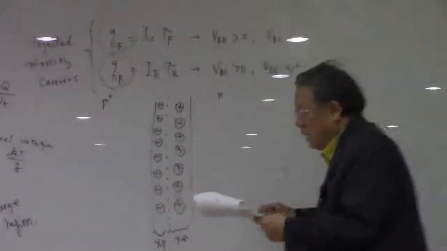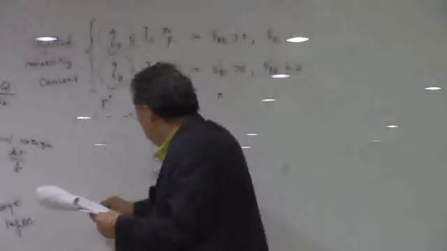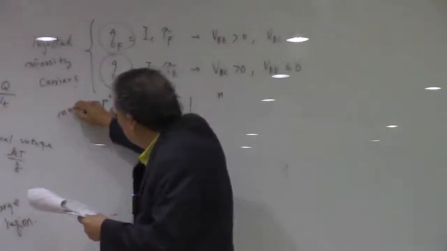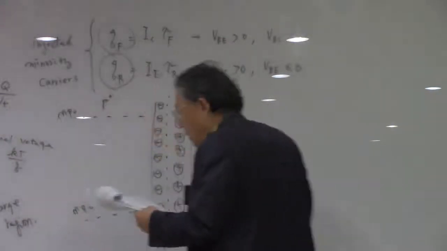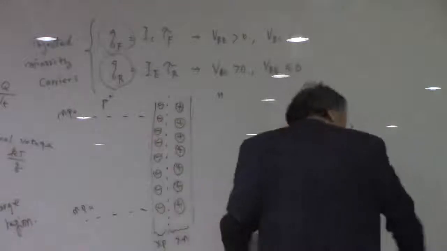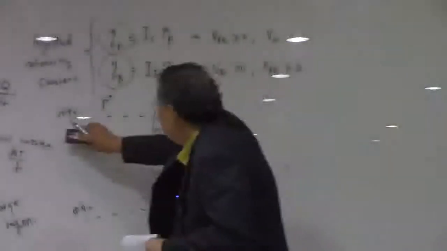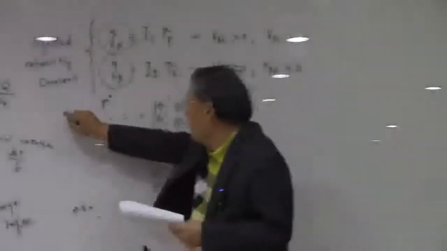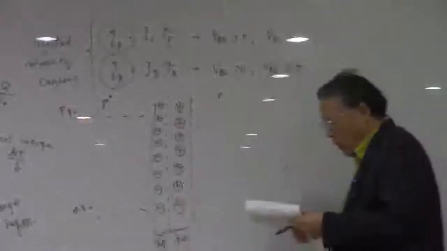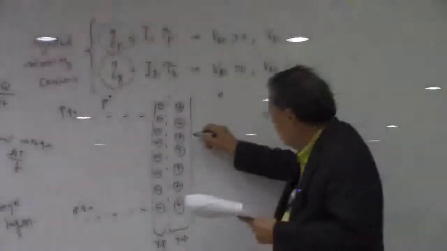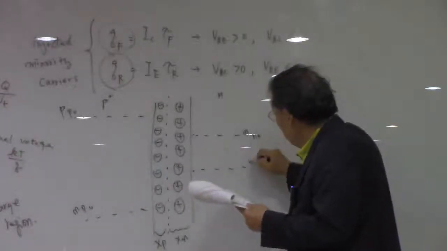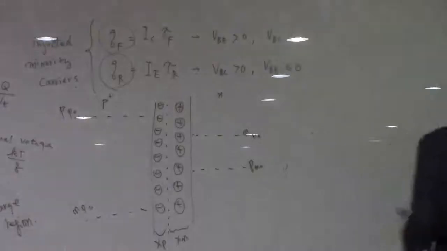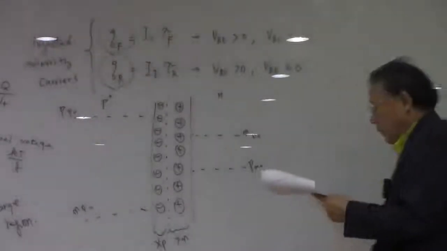And here we have equilibrium values for holes and electrons, and in the lightly doped base also we have equilibrium values like this.